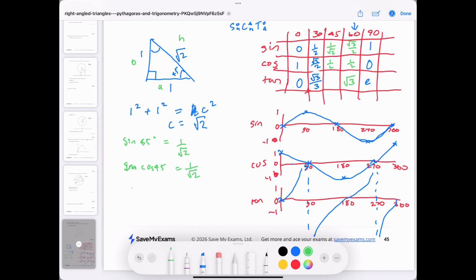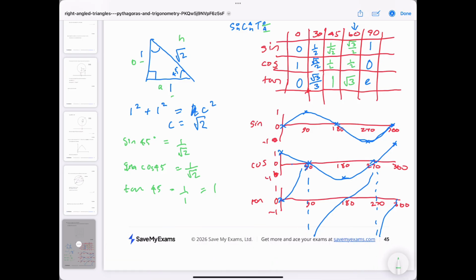And then what would tan be? So tan of 45 would equal opposite over adjacent, which is 1 over 1. This is 1. And that is how you find as many of those as you possibly can.